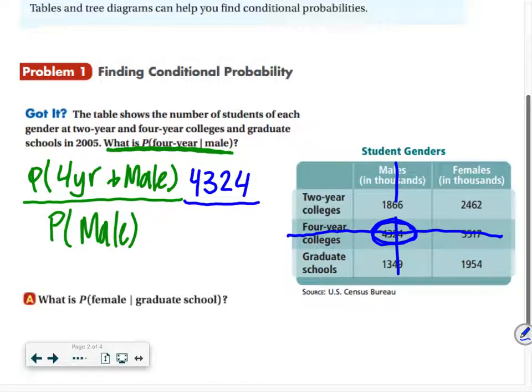Okay. Does that make sense? The probability of being male, you have to take into consideration all of the males. So we add all of these up. If you don't have a calculator, get one up there, use the phone.